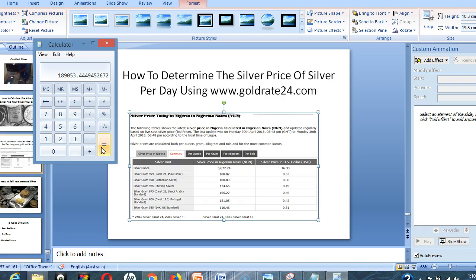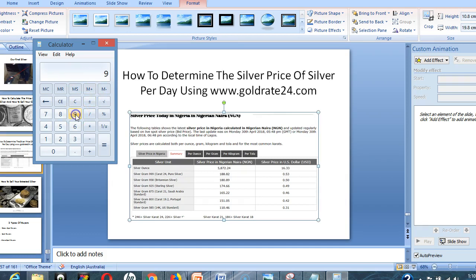Now let's see how it would have been if we were actually pricing it per gram. If we were to sell it per gram, let's see how much it would be. This is per ounce, 1,890. Now the price per gram for our silver is 188.82. Don't forget this was 1,890.